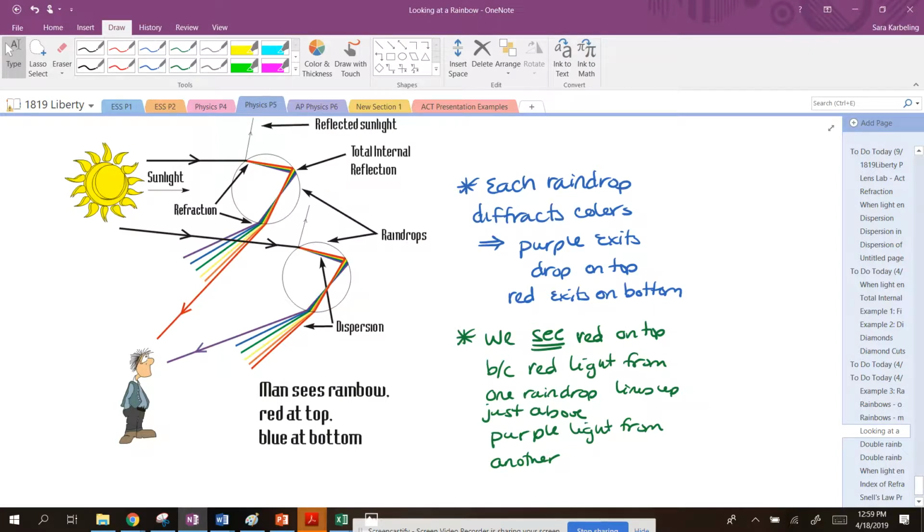Okay? Yeah? We're kind of confused because if you're just standing there and you're looking at a rainbow, the raindrops don't just stop. What do you mean they don't stop? They fall. Oh, I see what you're saying. Yes. I thought you meant I'm going to reflect light. Okay, but you're saying that they're falling?